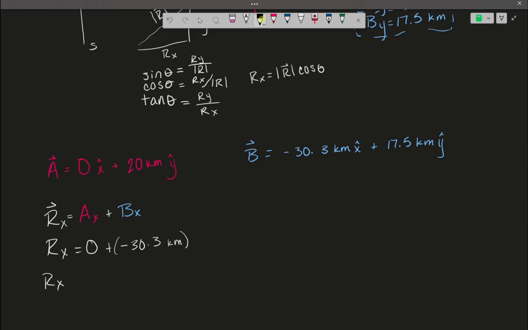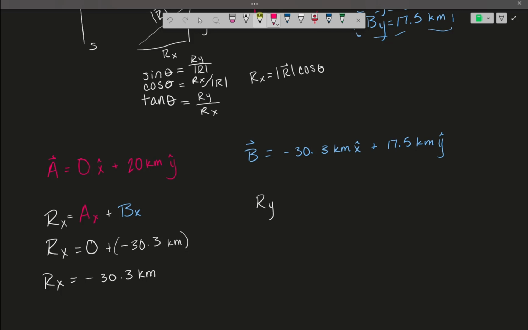So the x component of my resultant vector is going to be negative 30.3 kilometers. And I want to do the same thing to get the y component. That shouldn't have a vector sign since that's only an x component.